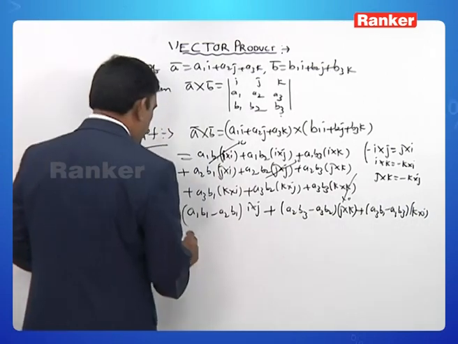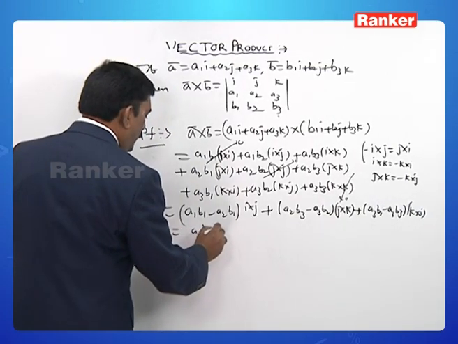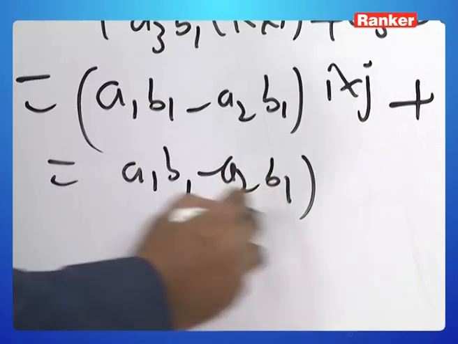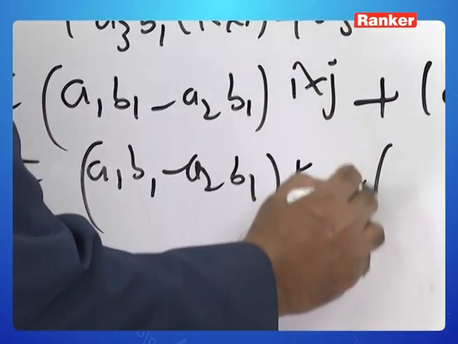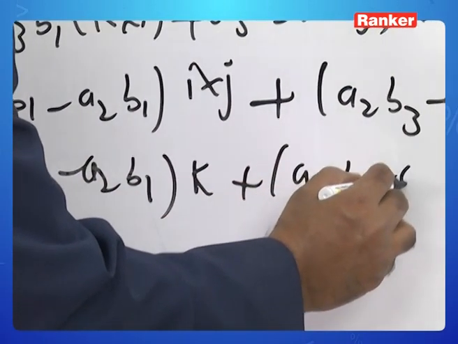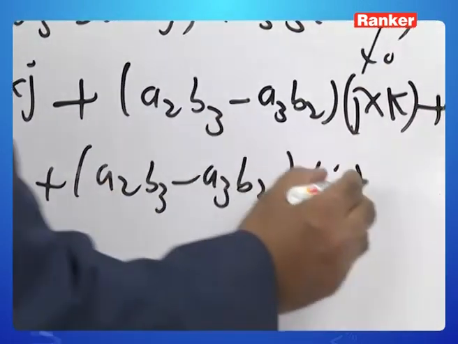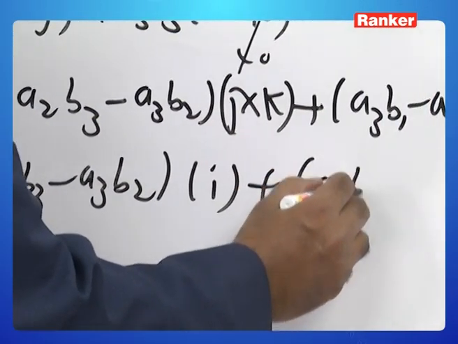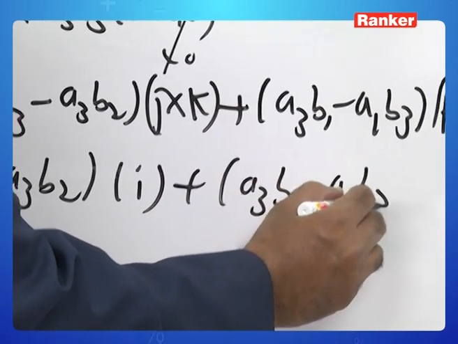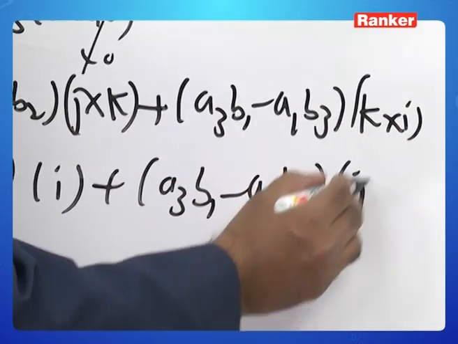Now this is nothing but a1 b1 a2 b1 into k, next a2 b3 a3 b2 into i, next this is nothing but a3 b1 a1 b3 into j.